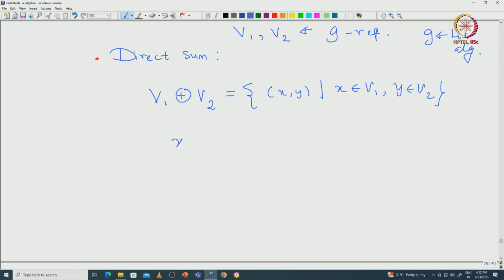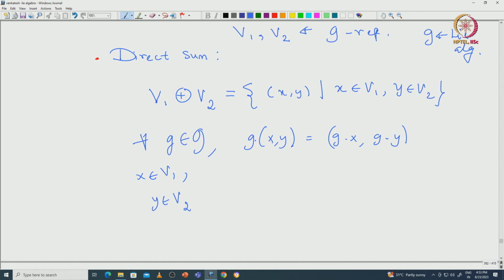The action of g is given as follows: you start with some element g in the Lie algebra, and g acting on (x, y) is just (gx, gy).